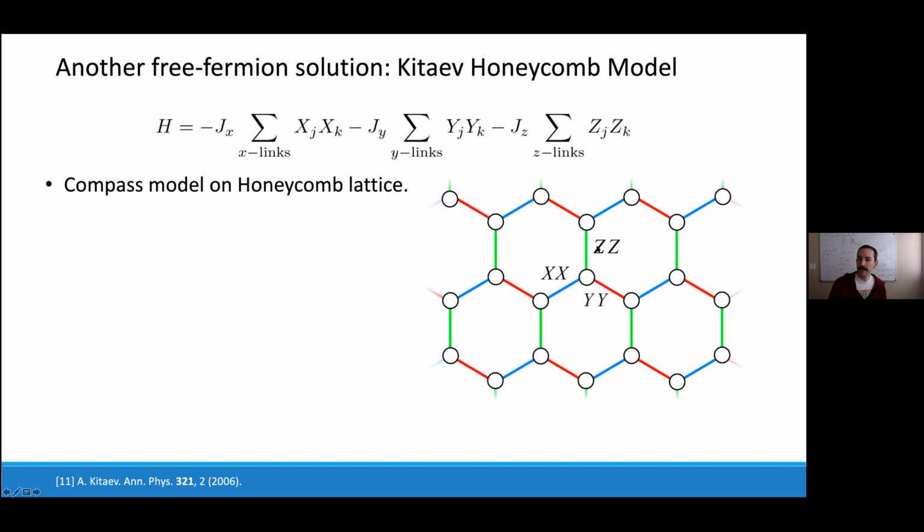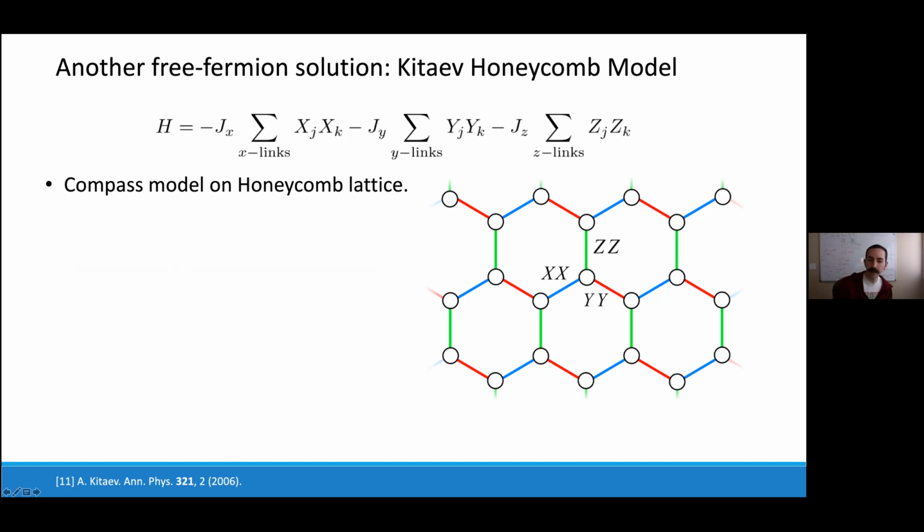We have a ZZ, XX, or a YY coupling. Okay, so this is like a really strongly anisotropic coupling around each of these spins to its neighbors. And we can put some parameters, JX, JY, and JZ, into this model.